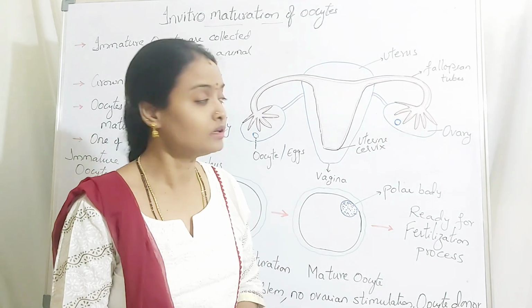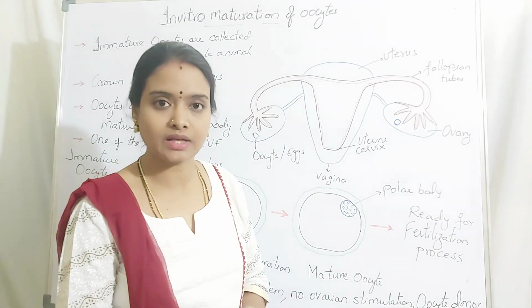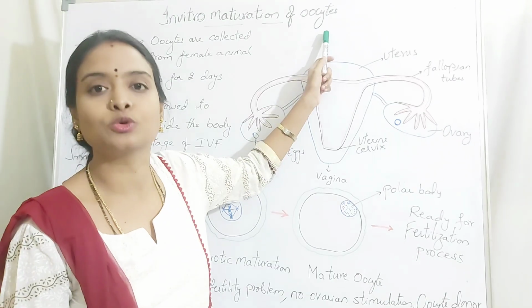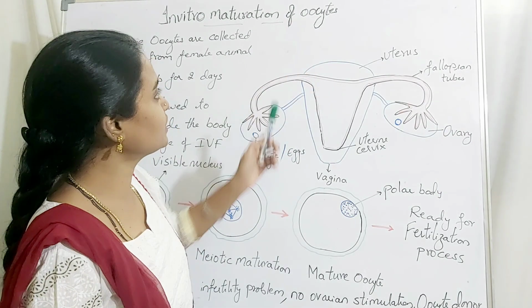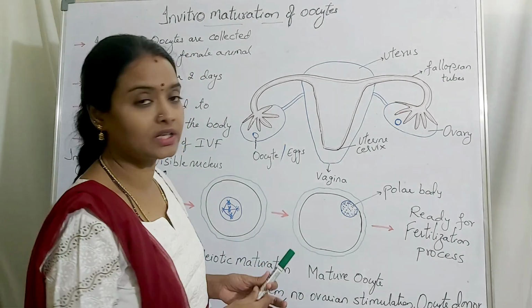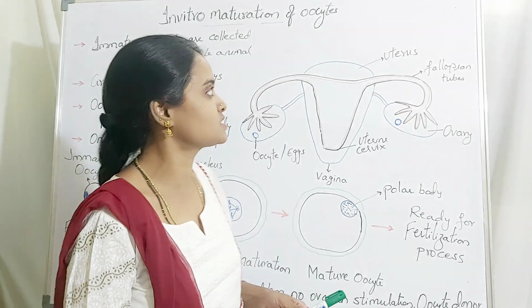So they are allowed to mature in the lab condition. That process is referred to as in vitro maturation of oocytes, right? Maintaining the oocytes with sufficient nutrients in the lab condition to undergo the maturation process.